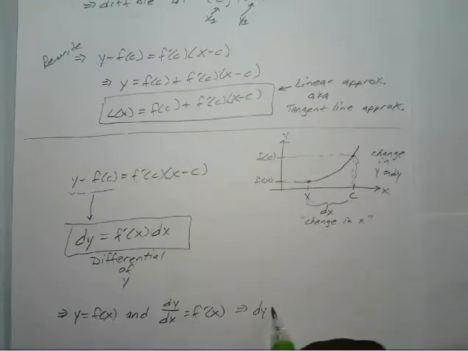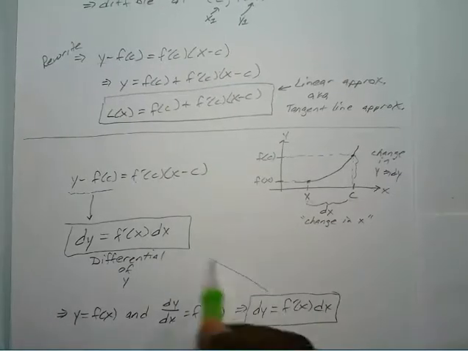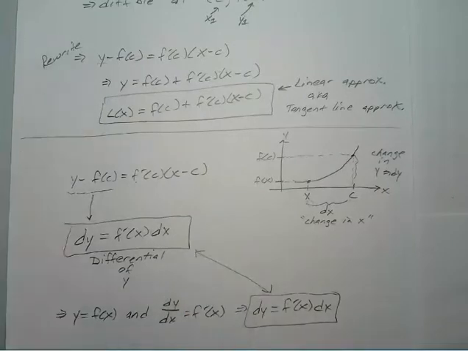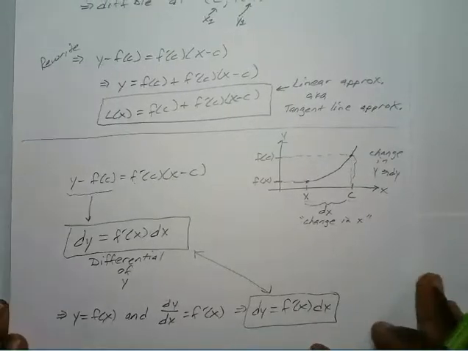You have dy equals f prime of x dx. So it's just another way to come up with the very same formula. If you are still writing, feel free to press pause, but we're going to jump to our first example.